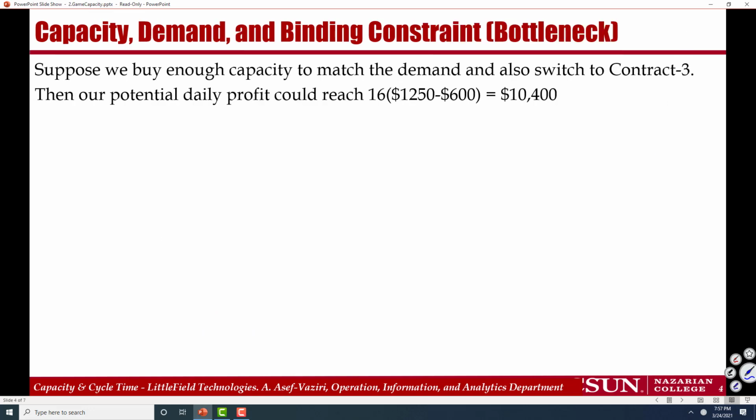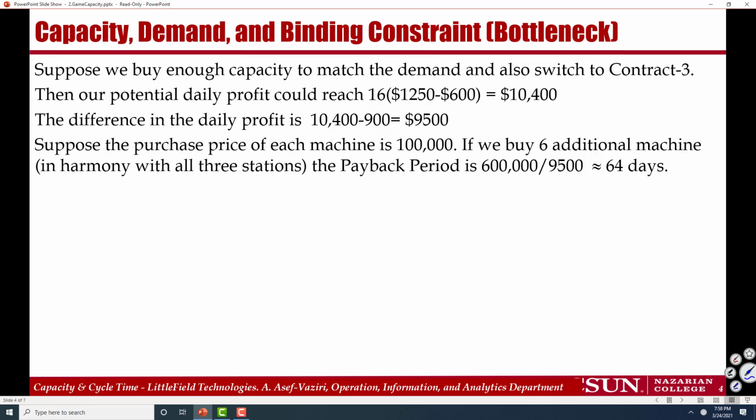For example, if you go to contract 3, you could make $10,400 per day if you can satisfy 16 orders per day, compared to the original of 5.5 orders per day. And being on contract 1, you could make $9,500 per day more money.